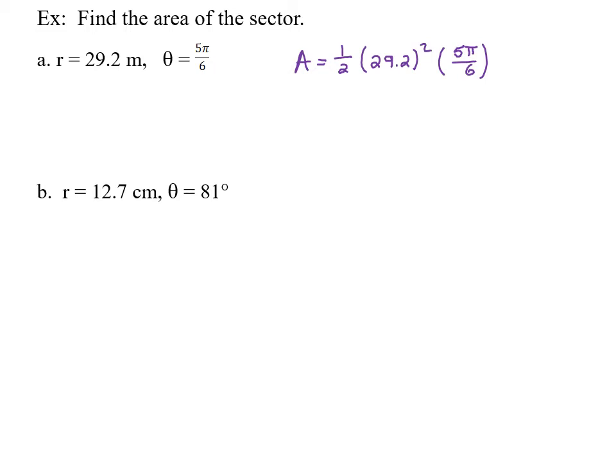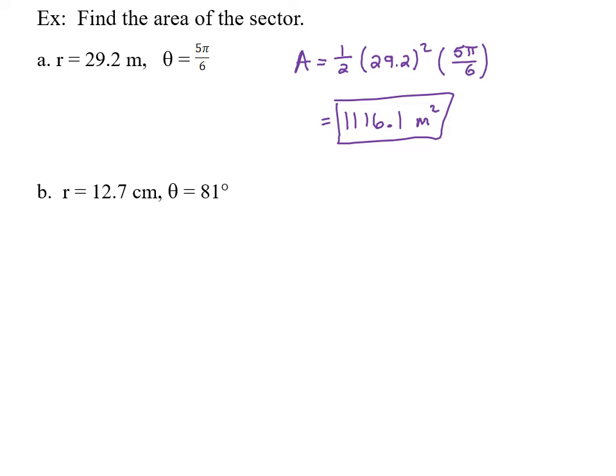I'm going to do 1/2 times 29.2 squared times 5 times pi divided by 6. And I'm going to get an area of 1116.1. This is measured in square meters because the radius is measured in meters.